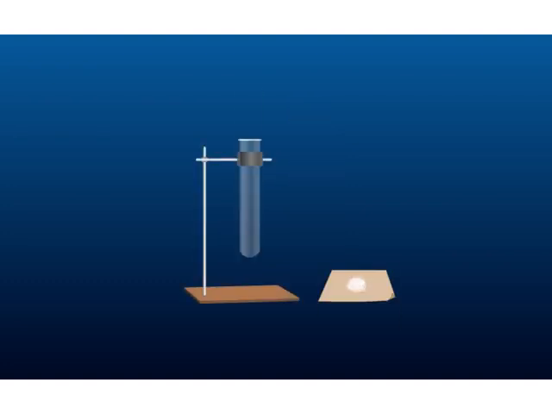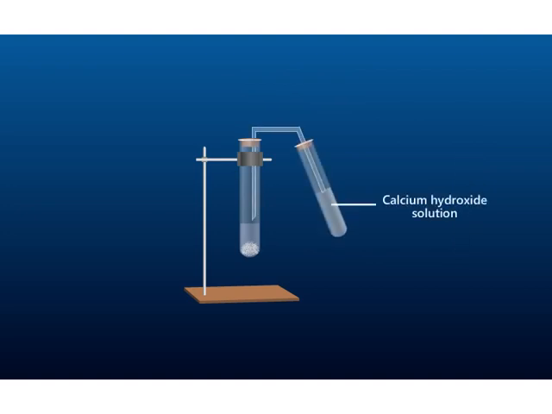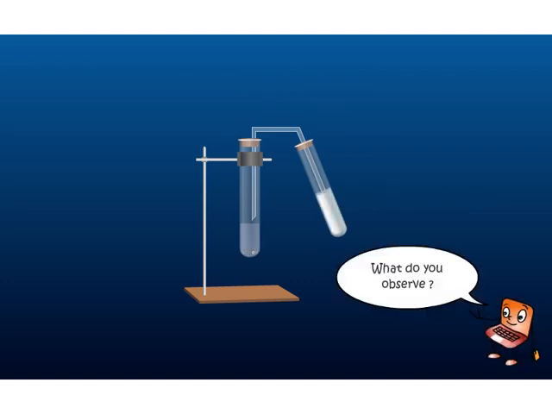Take about 0.5 gram of sodium carbonate in a test tube. Add about 2 ml of dilute hydrochloric acid to both the test tubes. Pass the gas produced through lime water, that is, calcium hydroxide solution. What do you observe?